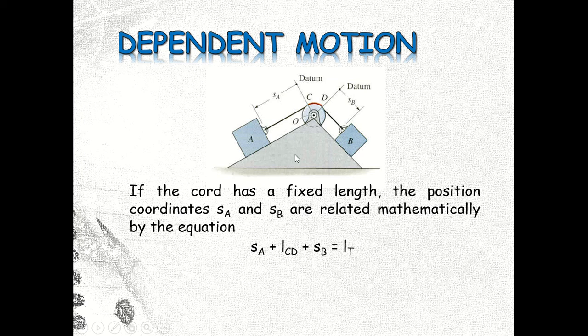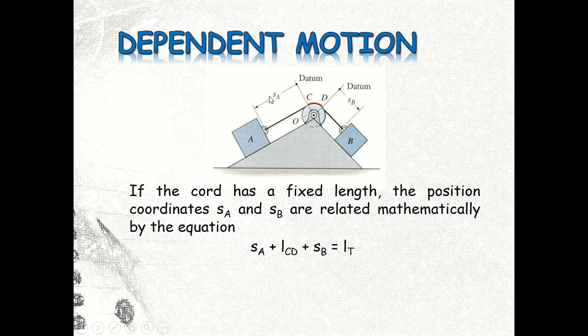In other words, class, we are measuring the total length of the cord. This length sA plus this arc CD, the length of the cord CD, plus this length sB is equal to the total length of the cord. Okay, so this is how we express this mathematically.